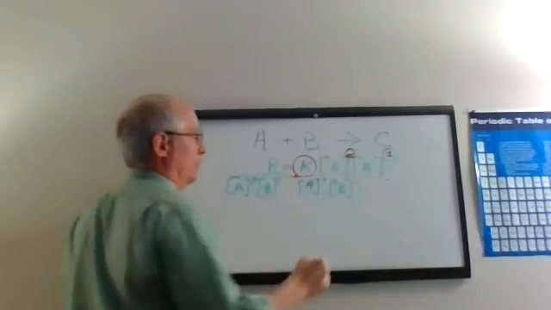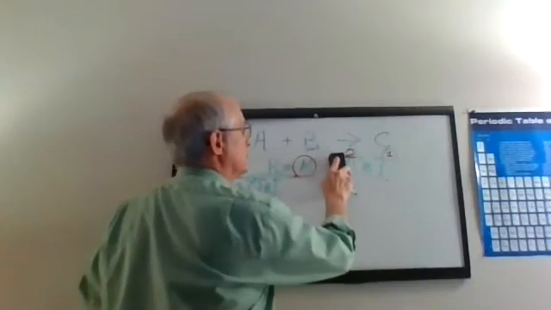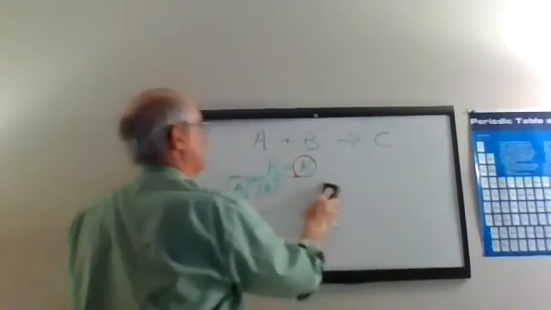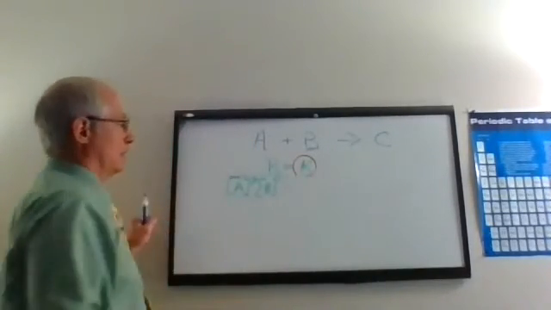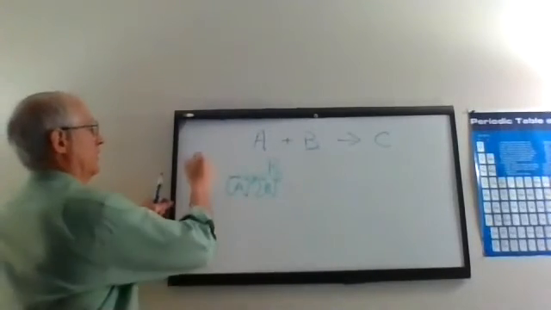When you do that, you'll have K by itself. I'm going to put K over here because I like reading from left to right.